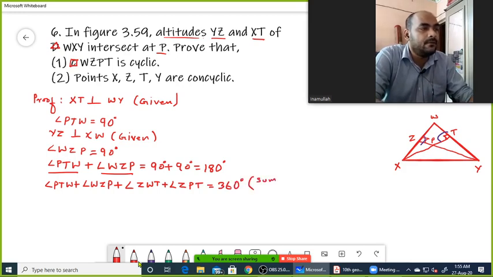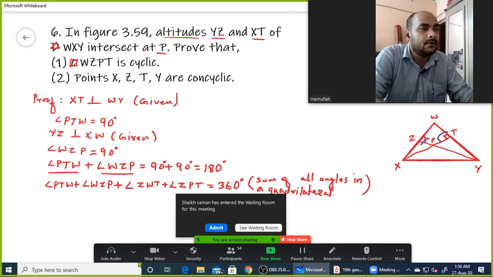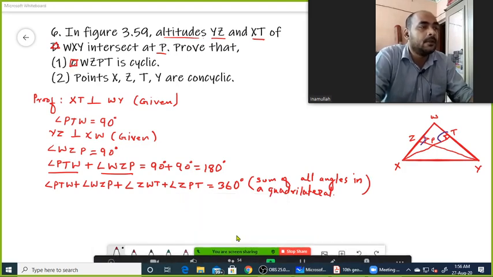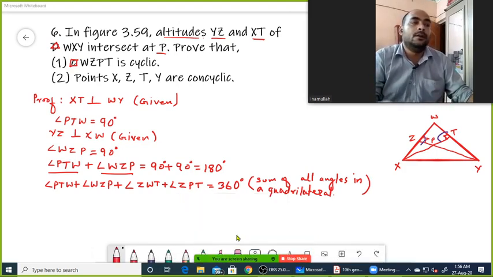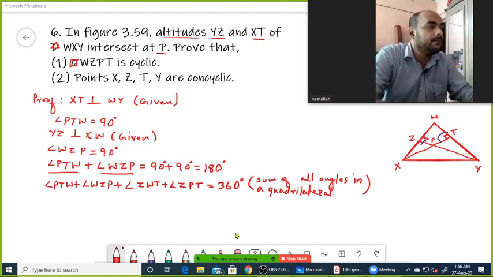Sum of all angles in a quadrilateral. WZPT is a quadrilateral and the sum of all four angles should be 360°, where the sum of these two angles is 180 here.